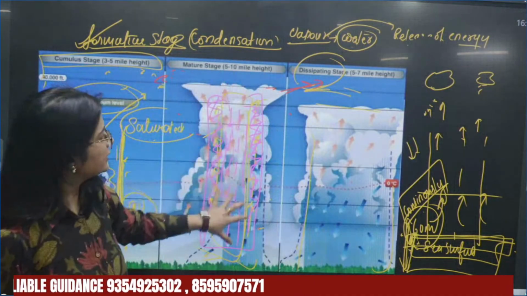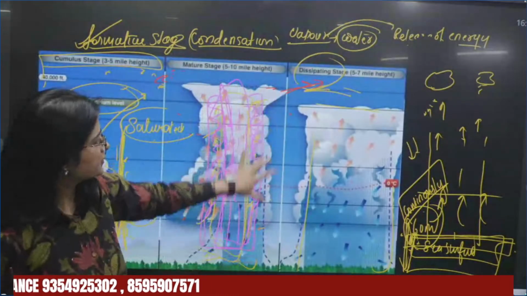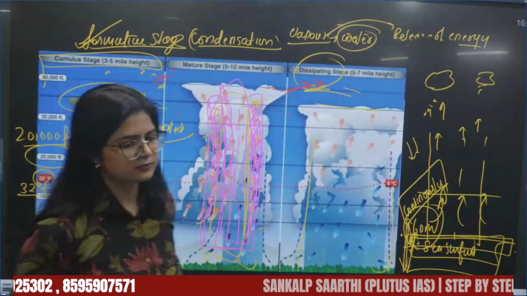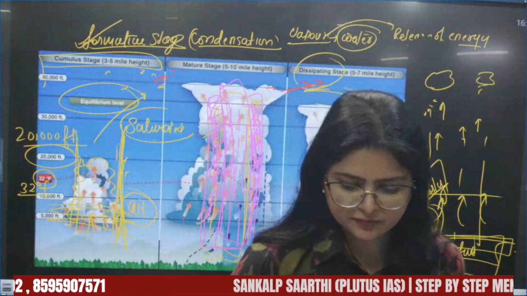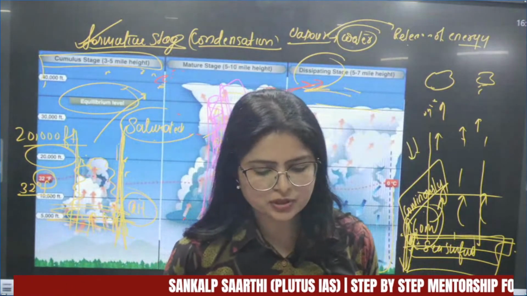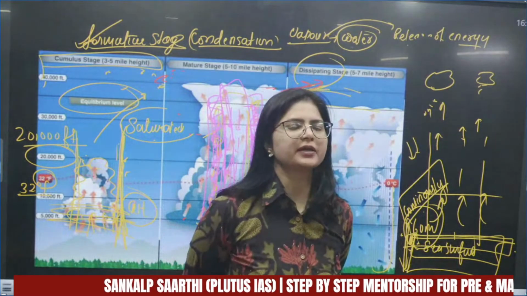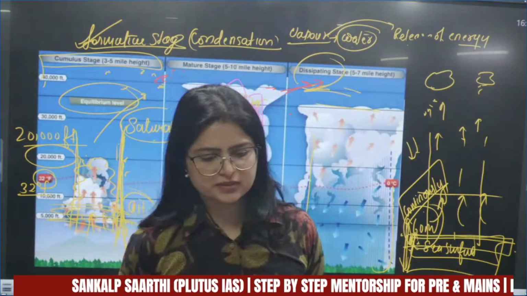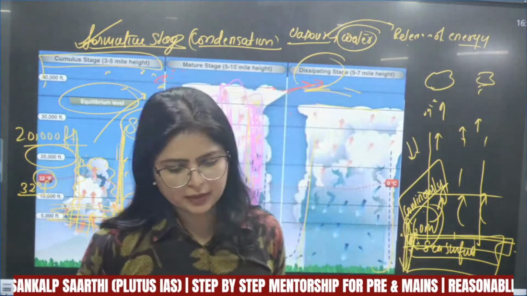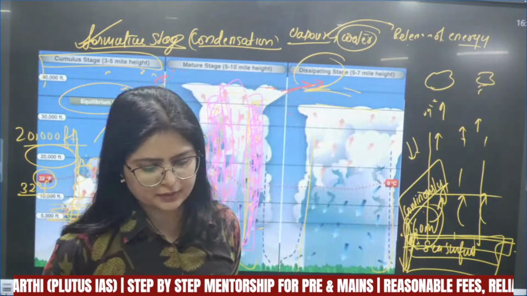There will be decrease of the atmospheric pressure at the center of the disturbance. And decreasing pressure causes flow of the winds with increased speed around the center.